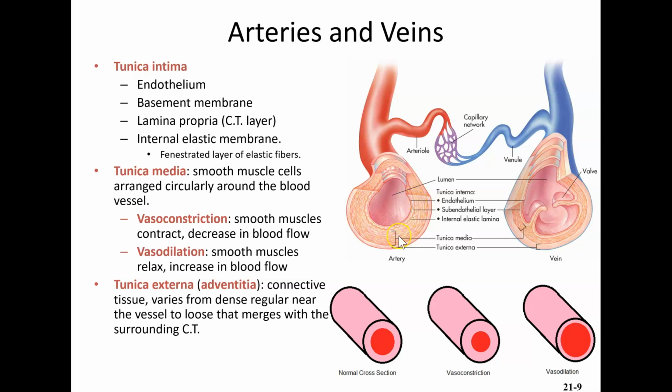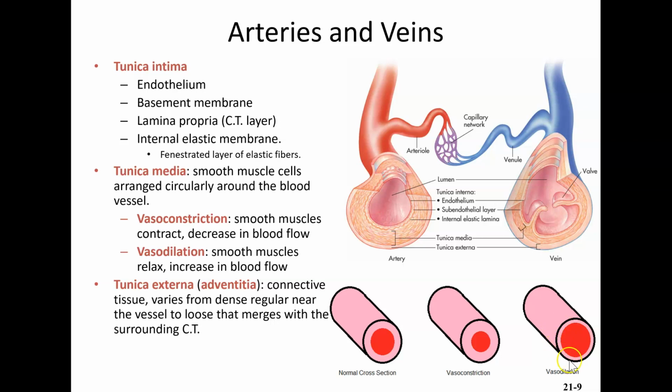The next major layer would be our tunica media. So here it is on the artery, and here you can see it on the vein. Immediately you could see that it is much thinner in the vein than it is in the artery. This layer will keep the smooth muscle cells arranged circularly around the blood vessel and will help the blood vessel vasoconstrict, where we are going to narrow the blood vessel wall, which will decrease blood flow.